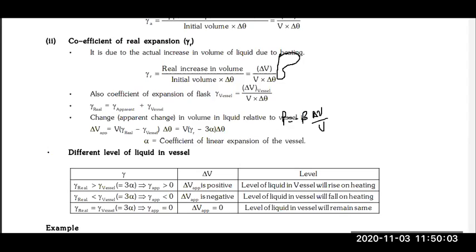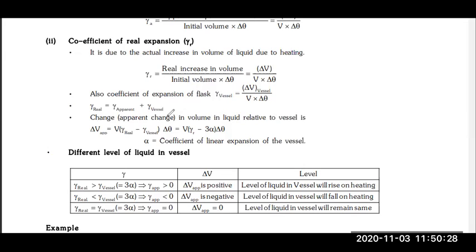So I can say, just by intuitive thinking, that if the change in volume of the vessel is more than that of the liquid, then the level of the liquid will decrease, yes or no? Think about it. It's totally intuitive.